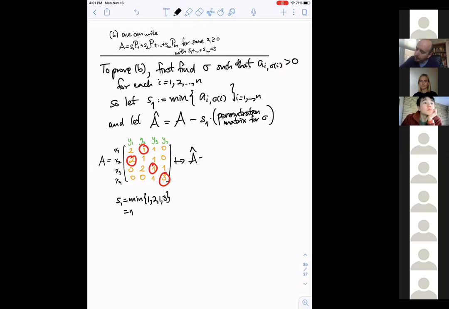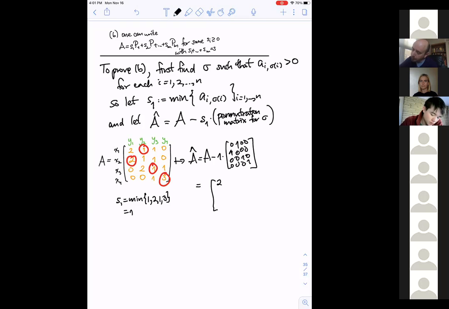And A hat is going to be A minus 1 times this permutation matrix. And the point is, because we picked the minimum value that showed up there, A hat is also going to be non-negative. Let's see what it looks like.